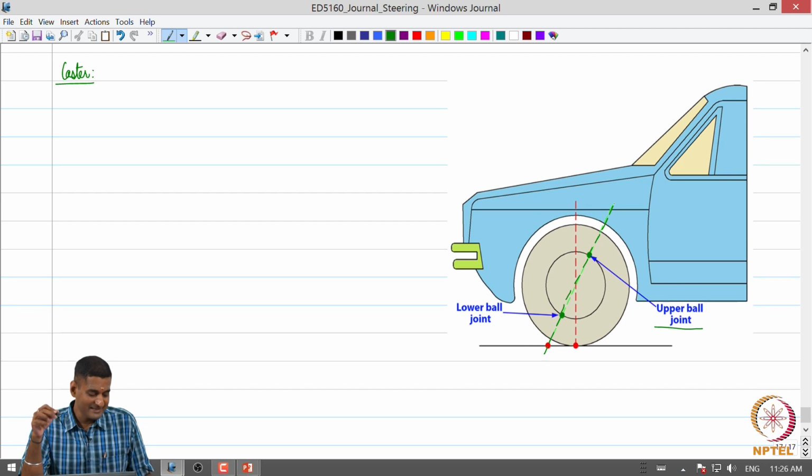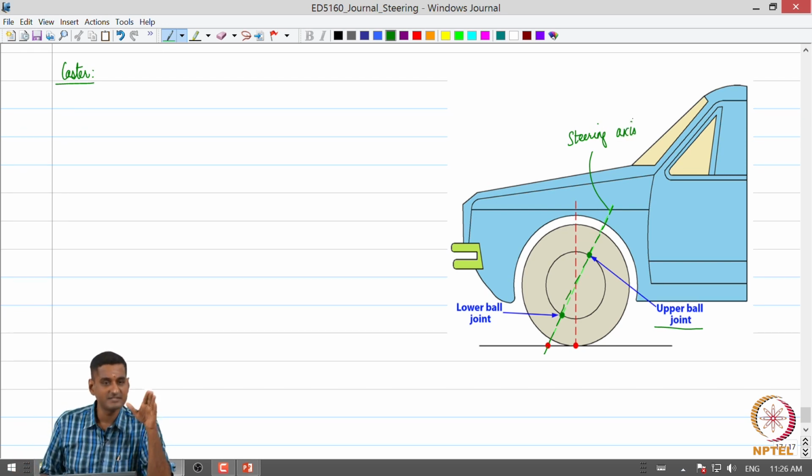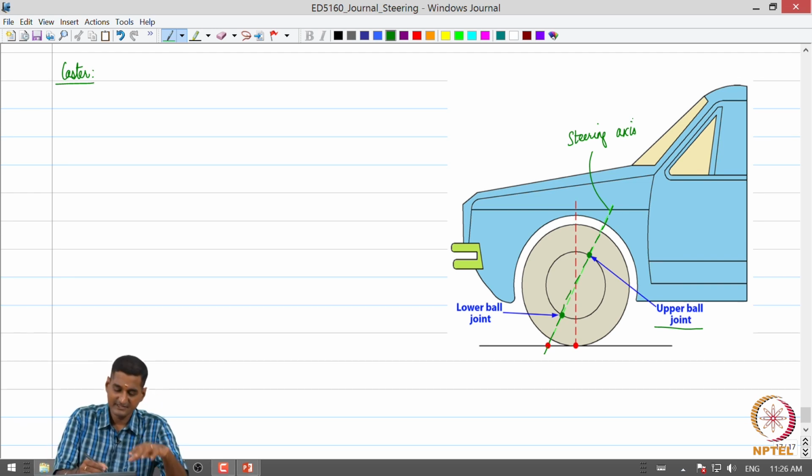So, this is the steering axis. Caster is nothing but the angle made by the steering axis with the vertical when we look at the vehicle from the side. That is the definition of caster.